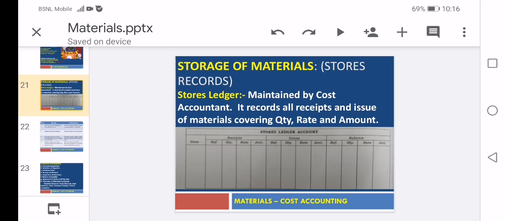So minimum columns for each category are quantity, rate per unit and amount. If the organization maintains the reference number, then for each category we see 4 columns as shown in the presentation. In this slide a model stores ledger is presented for your reference.